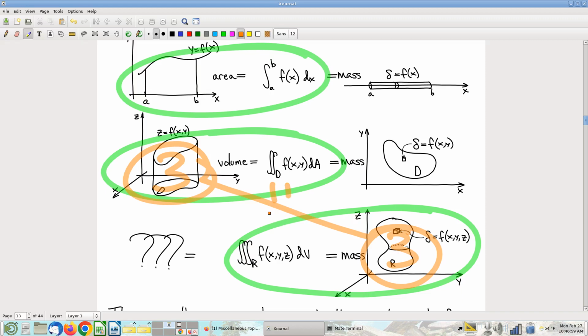So how come sometimes a three-dimensional picture is a triple integral, sometimes it's a double integral? What gives? And they never get any satisfaction out of that question.